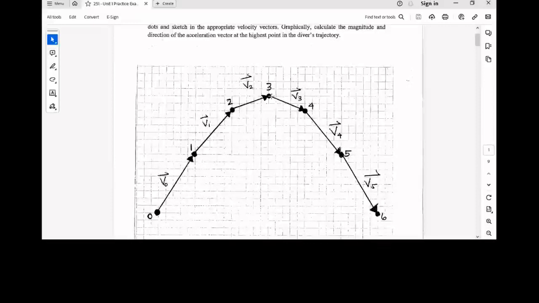So the vertical change in the number of blocks that I selected for the velocity vector between time 2 and 3 should be the same number of blocks I count down for 3 to 4. Likewise, the number of blocks vertically that I went up between 1 and 2 should be the same that I go down between 4 and 5, and so on.